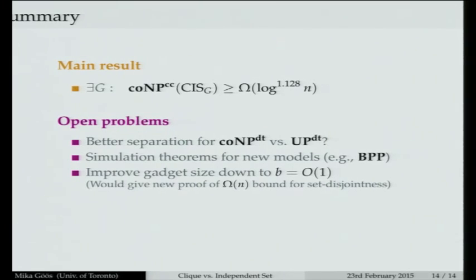However, maybe it's a bit difficult to get large, close to quadratic gaps, simply because any gap you give for these measures is automatically going to give the same gap for Fourier degree versus decision tree complexity, for which the best gap we know of has this exponent 1.6 or something. And this has been the best for decades. So it's a bit discouraging, maybe.